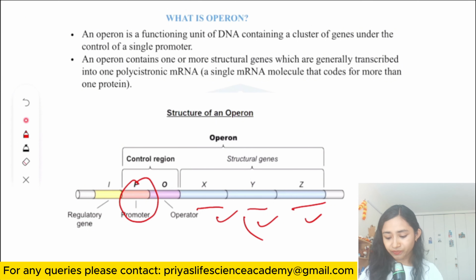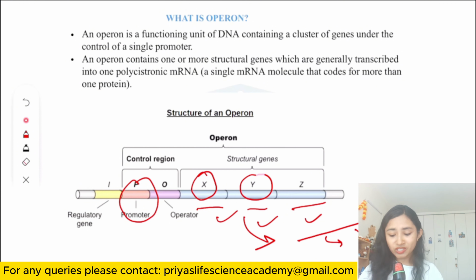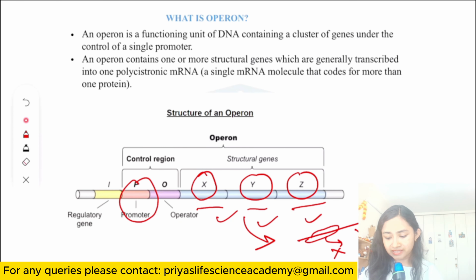From these genes, mRNA will be produced, and from this mRNA, many proteins will be produced, because there is gene X, gene Y, and gene Z. This is mRNA X, this is mRNA Y, this is mRNA Z, and from each mRNA, each protein will be produced: protein X, protein Y, and protein Z. So a single mRNA codes for more than one protein.